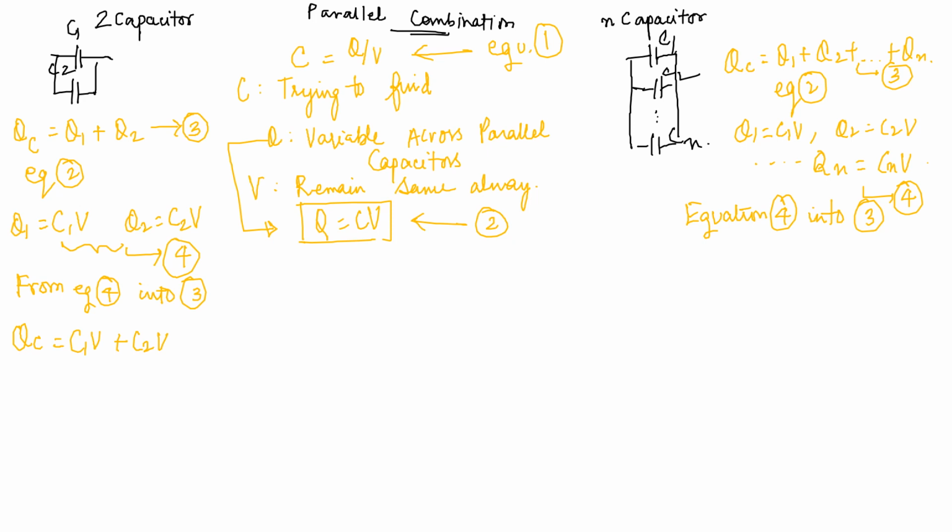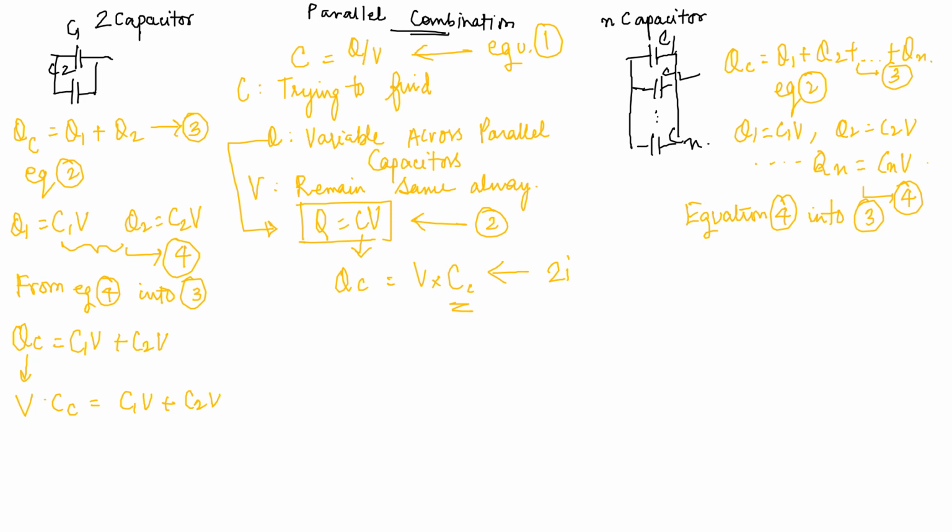We know from equation 2 that Q combination equals V into C combination. So we will substitute over here. This we will take as 2i. From 2i we will substitute the value of Q combination, that is V into C combination equals C1V plus C2V.